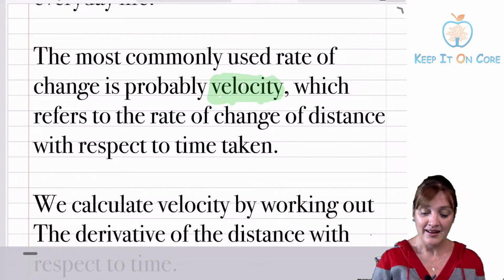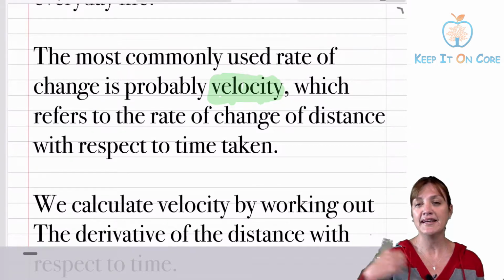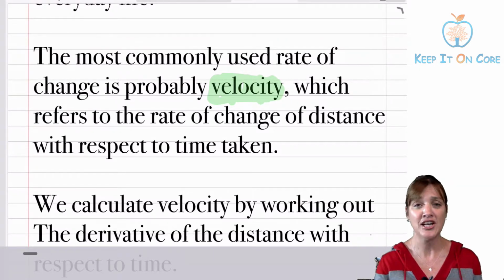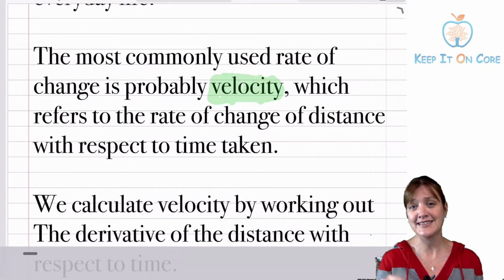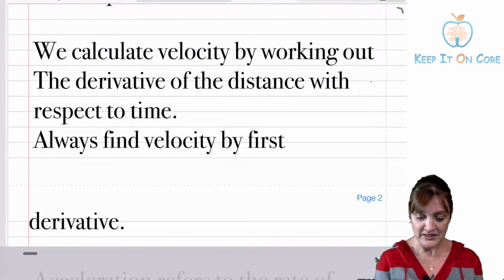Just make sure that it's very clear to yourself that the word velocity can be interchanged with the word rate of change, and with the word gradient. All of these represent the same thing, and all of them are basically calculated by the use of your first derivative. Right, so this is what we've said over here on your notes.